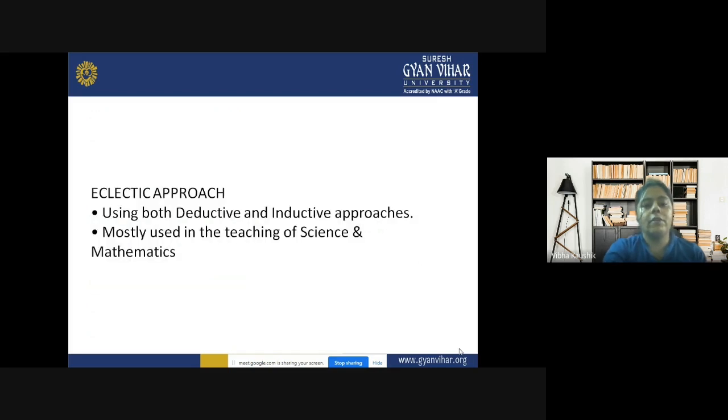Now, the eclectic approach, using both deductive and inductive approaches. Both are mostly used in the teaching of science and mathematics.